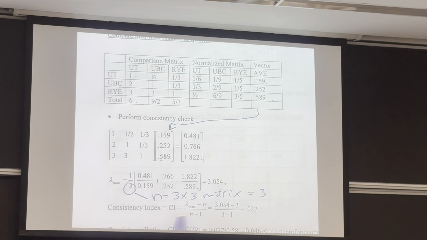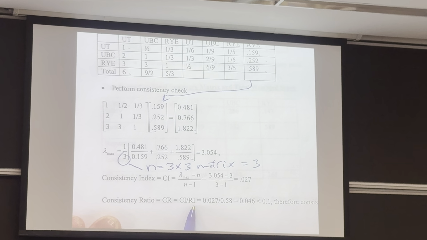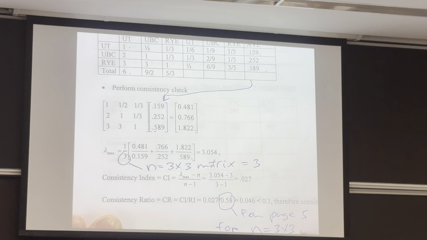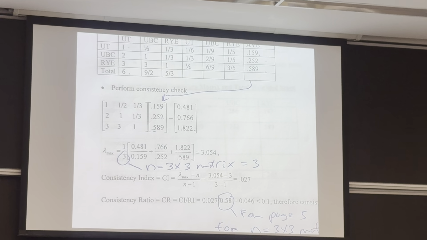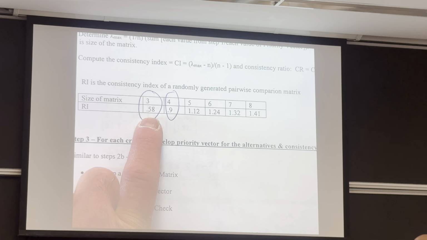And again, the consistency index is lambda max minus n over n minus 1, where n is 3 here. And again, the consistency ratio is CI over RI. For this value here, from page 5 for n equals 3, when you look at the random index value for n equals 3, that's how you get the 0.558 there, right?